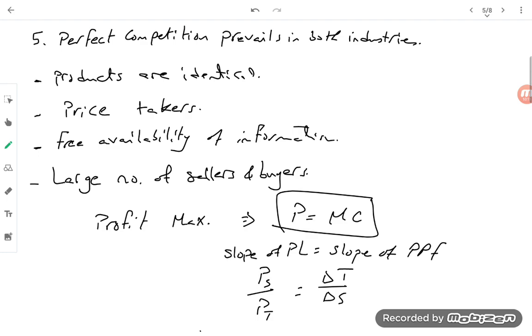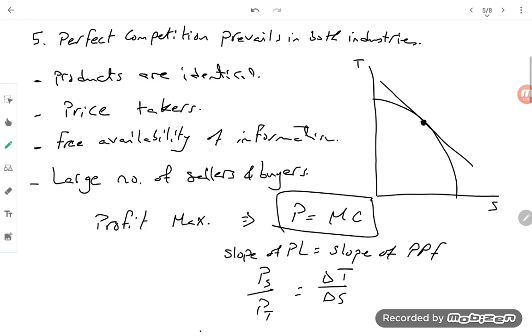So if we are going to combine assumption 4 and 3 together in one graph, it can be like that. This is the PPF. And this is the price line. Point of tangency is point of production or point of maximum profit.